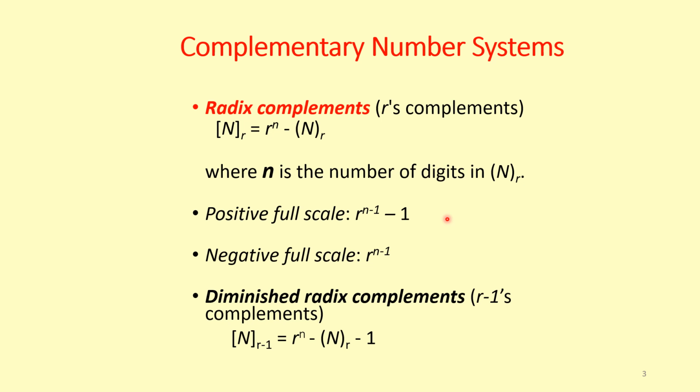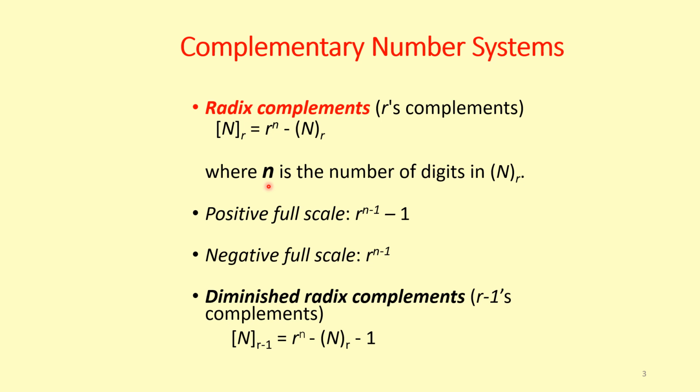So 0 to 7 positive numbers you can represent with 4 bits, and for negative numbers you can represent up to 2 to the power 3, 8. That means minus 1, minus 2, minus 3, minus 4, minus 5, minus 6, minus 7, minus 8. So you can represent one more negative number than positive numbers with n bits of representation.